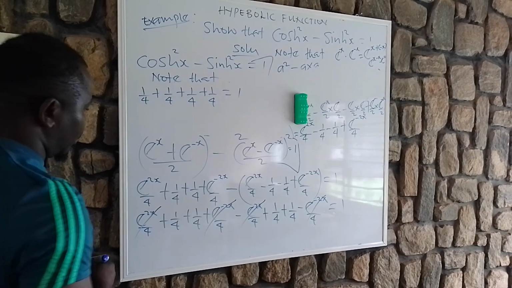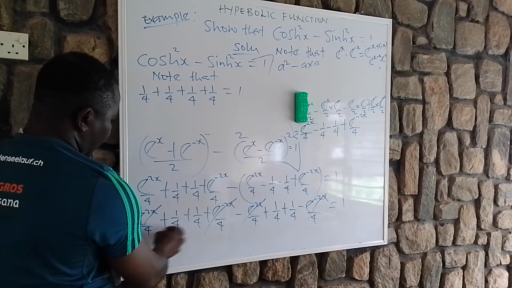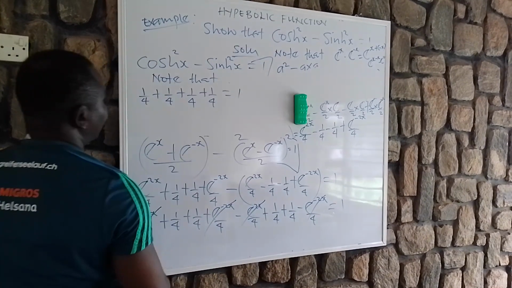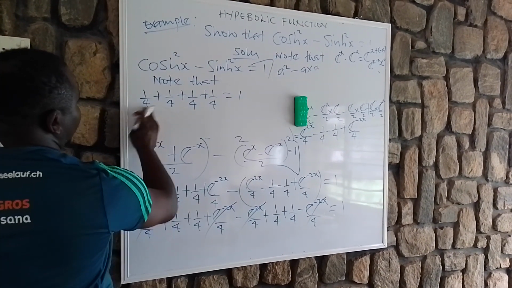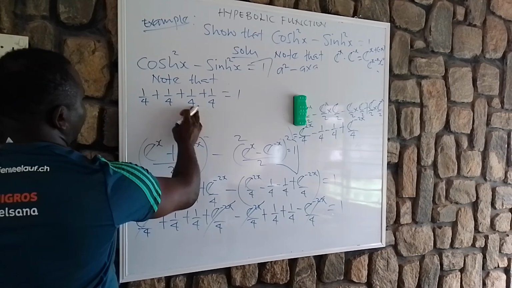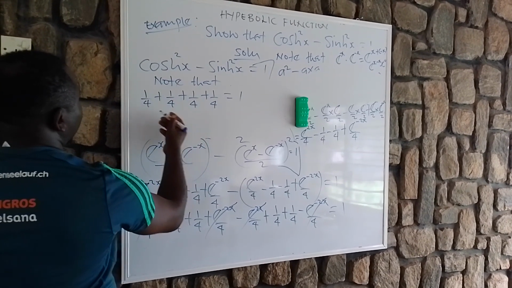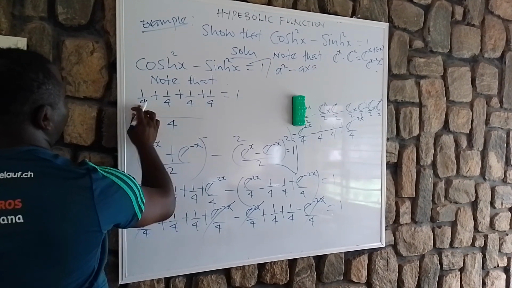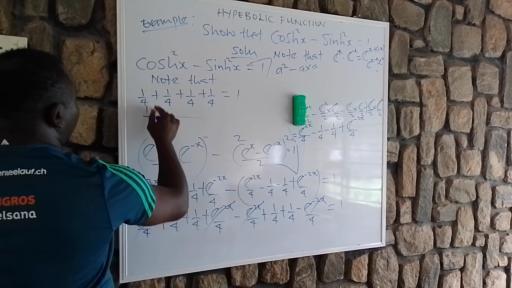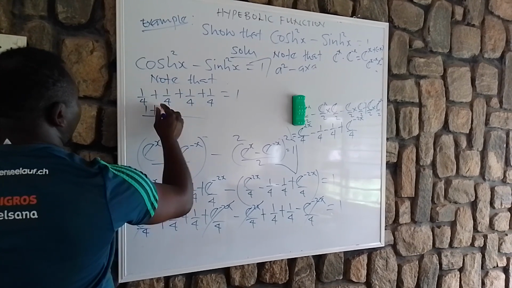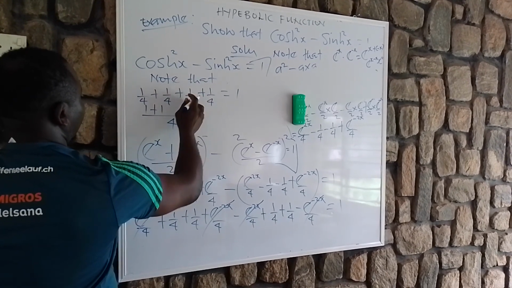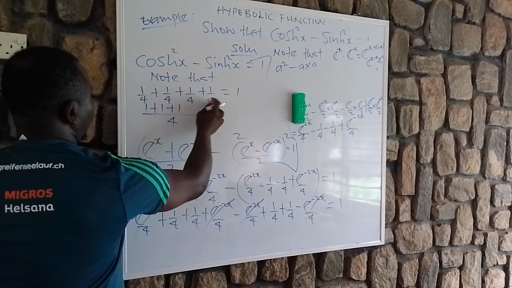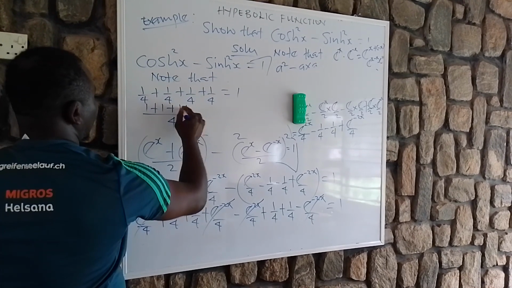1. Look at it: 1 all over 4 plus 1 all over 4 plus 1 all over 4 plus 1 all over 4 equals 1. So you discover that the denominator, the LCM, is 4. So 4 all over 4: 4 into 4 is 1, times 1, 1, plus 4 into 4, 1, times 1, 1, and so on.